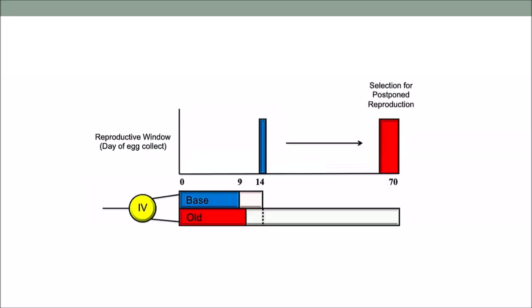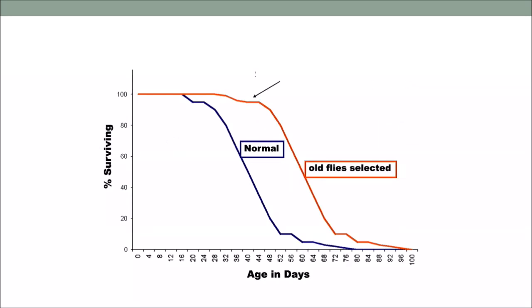This was done by shifting the date all the way out to day 70, over many generations. When you look at the survivorship curves, in blue we have the baseline populations, and in red the old selected flies. You can see it's shifted, meaning they, on average, are living much longer than the controls, right?